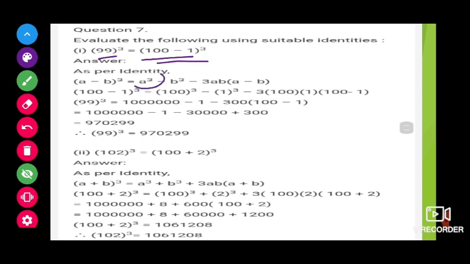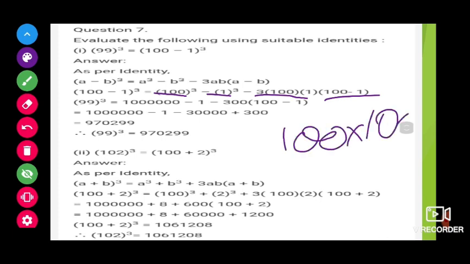So what is the formula? a cube minus b cube minus 3ab into a minus b. So here a is 100, b is 1. Substitute: a cube 100 cube, minus b cube 1 cube, minus 3ab, 3 into 100 into 1, in the brackets a minus b, 100 minus 1. Now 100 cube means 1 followed by 6 zeros.